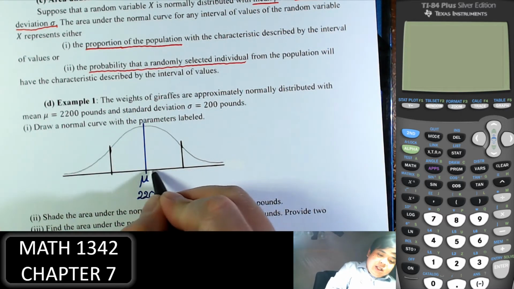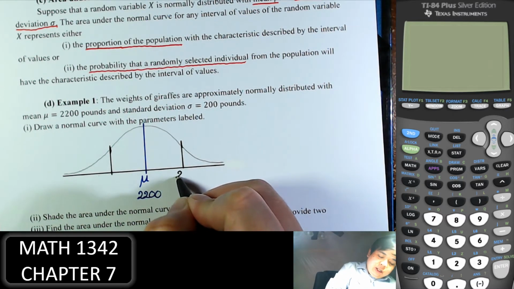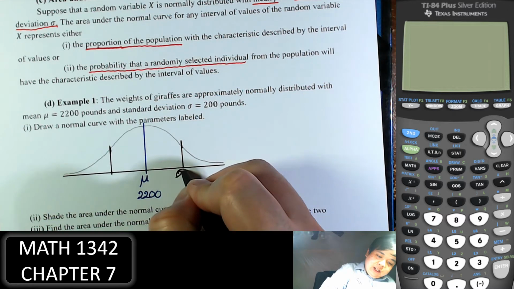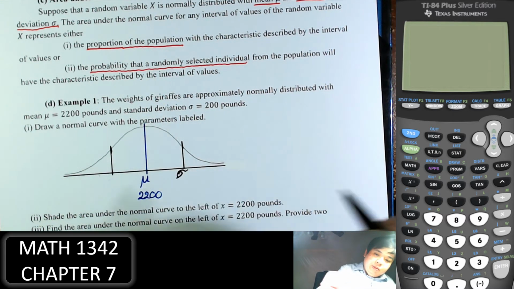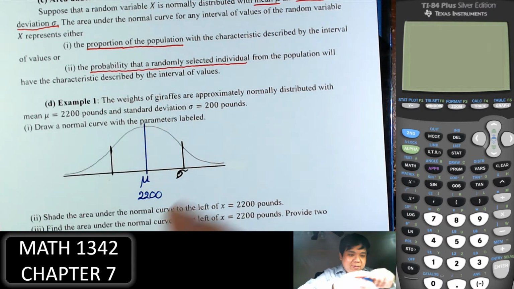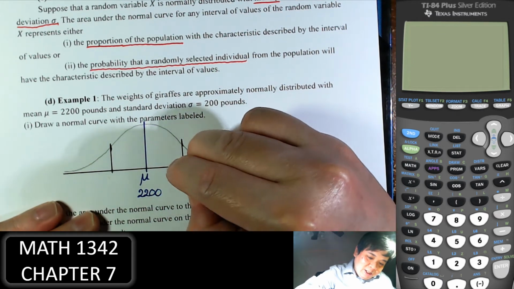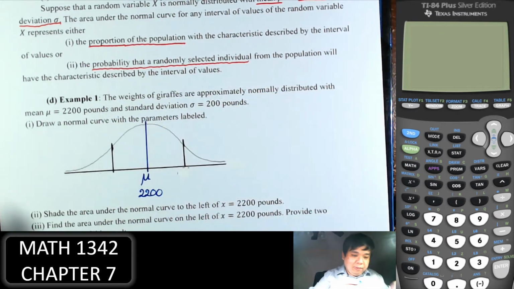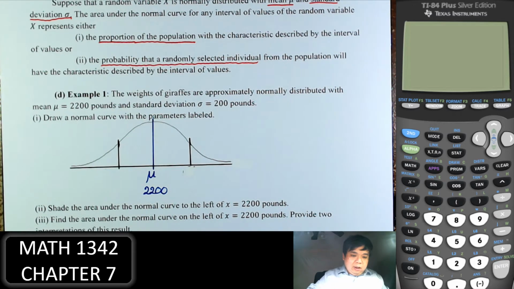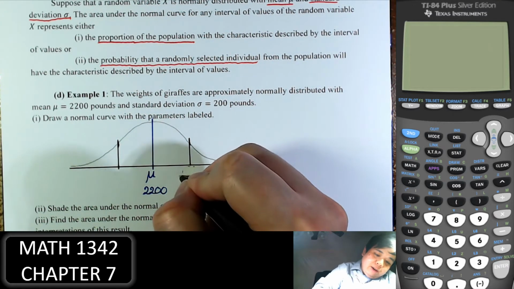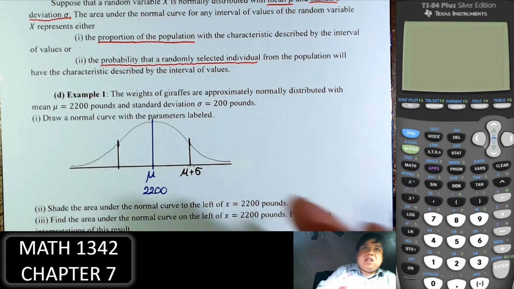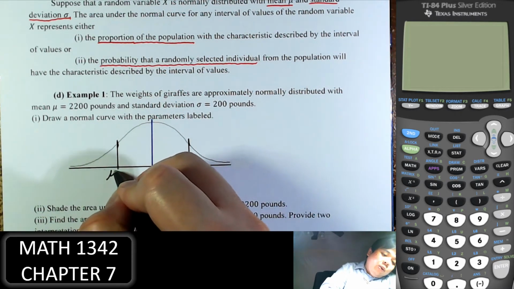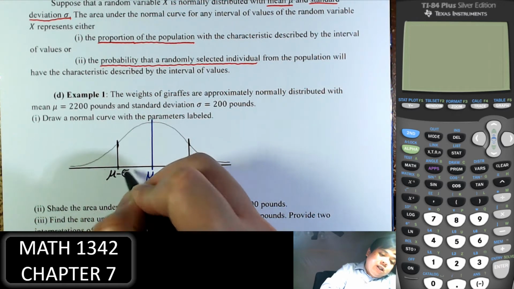That distance is about 200, and that is the standard deviation. So that should be mu plus 1 standard deviation, and 1 standard deviation on the left and 1 standard deviation on the right.